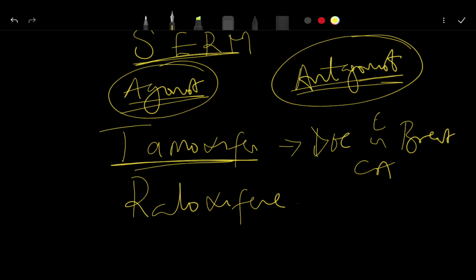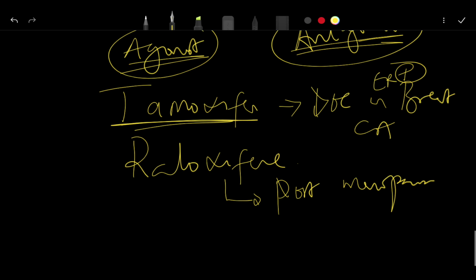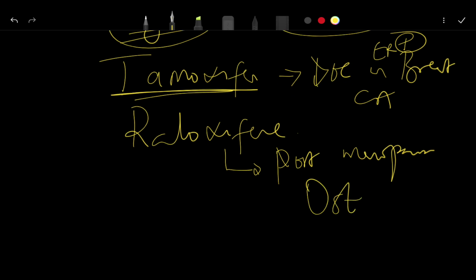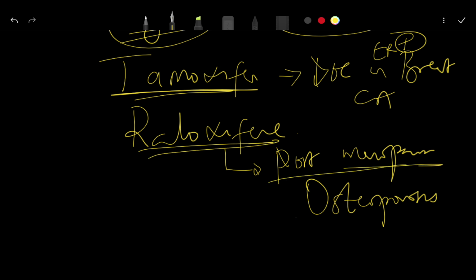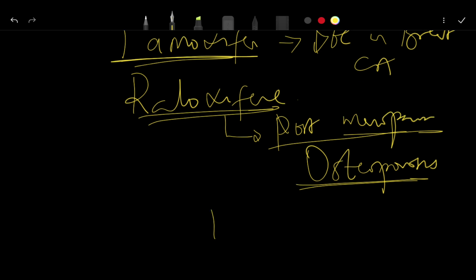Raloxifene we use for postmenopausal osteoporosis, but it's not the drug of choice. So raloxifene is not the drug of choice for it. However, this is its clinical use, postmenopausal osteoporosis. The drug of choice for osteoporosis still remains bisphosphonates.